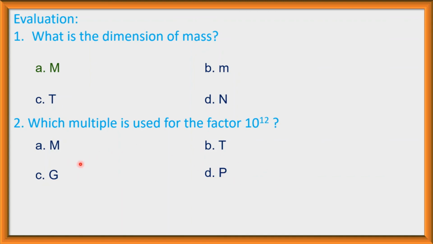For 10 to the power 12, the multiple is tera. That is, 1 terameter is equal to 10 to the power 12 meter. For the factor 10 to the power 12, the symbol is capital T.